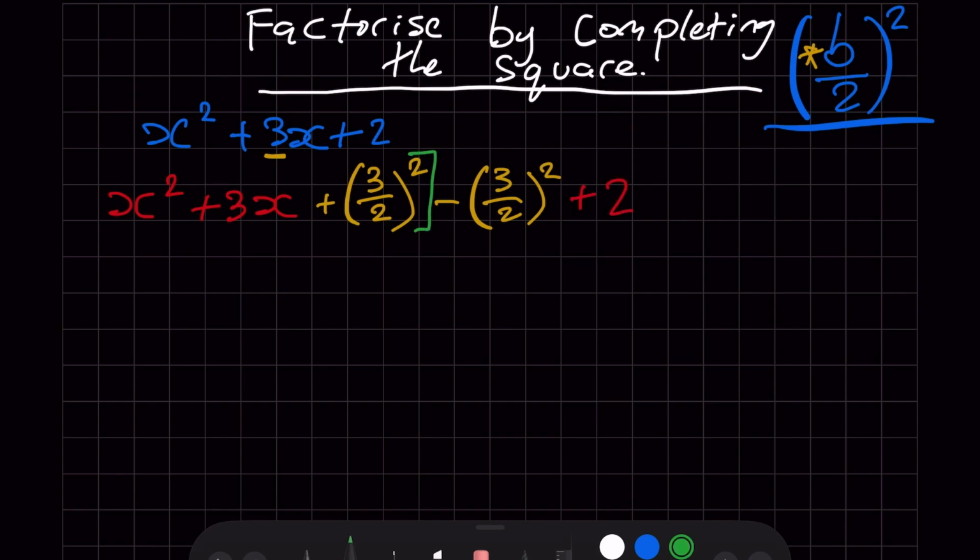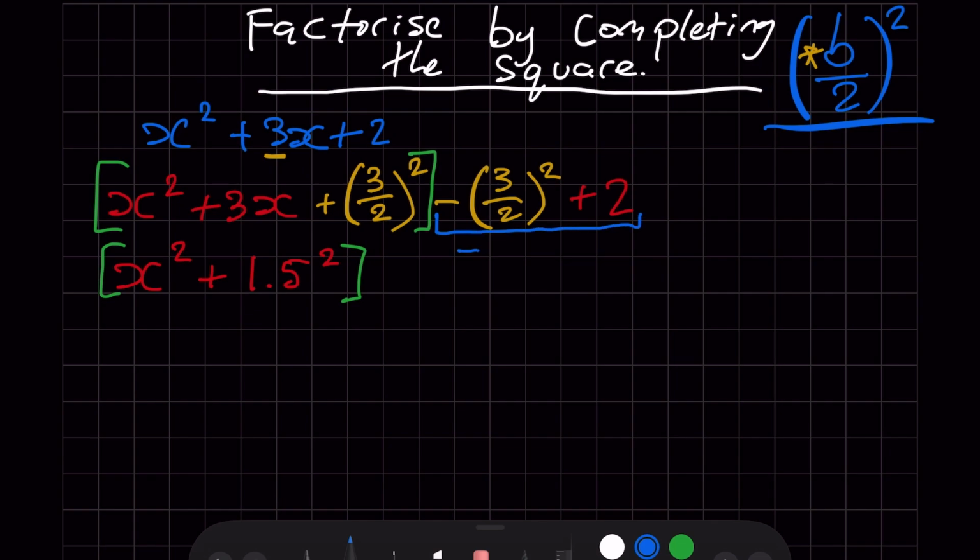After that, we take these first 3 terms here and they go down nicely into x squared plus 3 over 2, which is equal to 1.5. So 1.5 squared. So that is that green bit there. And then we are going to work out what this other bit is.